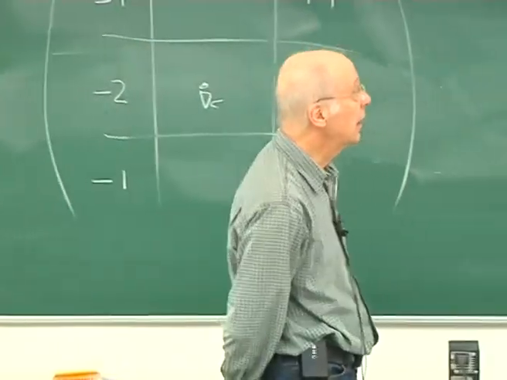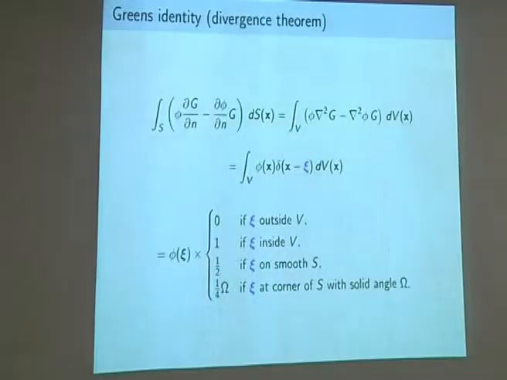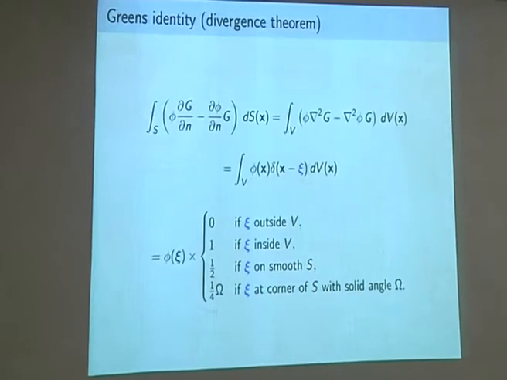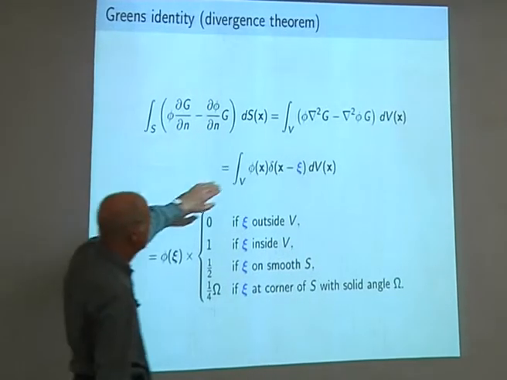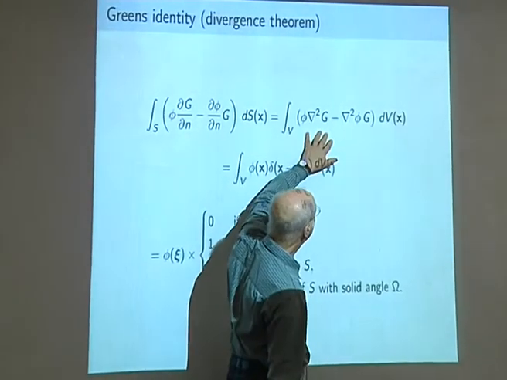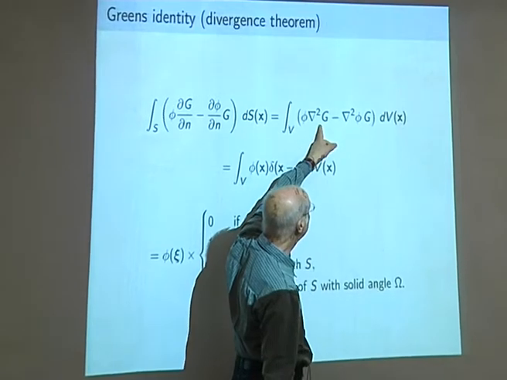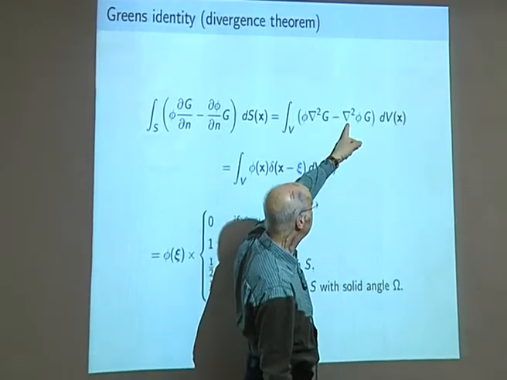And then there's what's grandly called Green's theorem. It's not much of a theorem, so I call it a Green's identity. It's really the divergence theorem. And it is the divergence of phi times the gradient of g minus the gradient of phi times g.